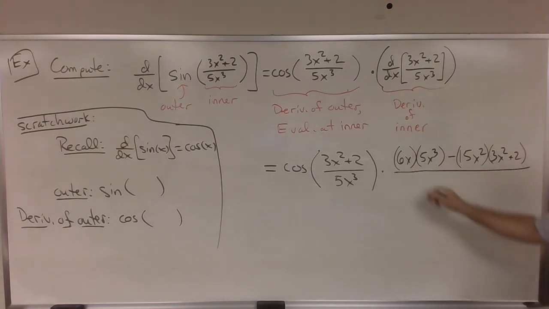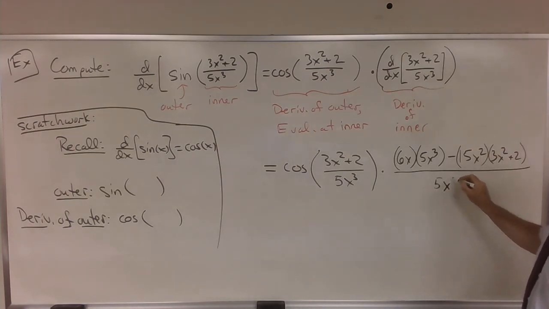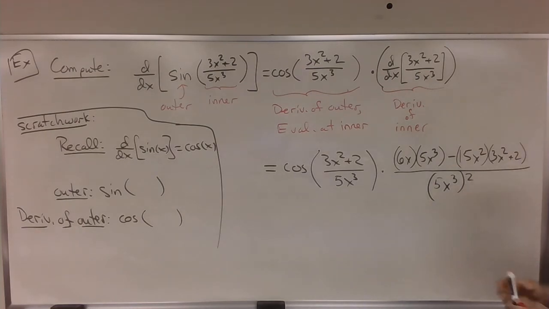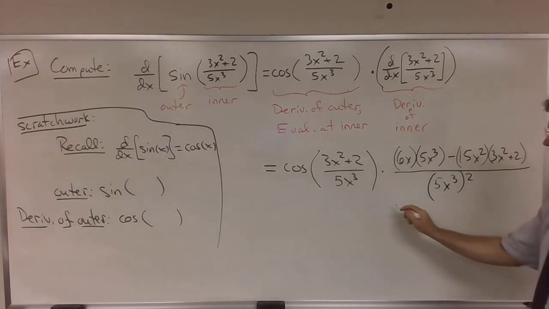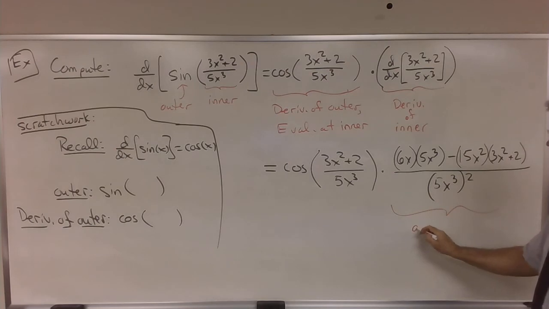So let's see, do I have it? Top prime times the bottom, minus bottom prime times the top, all over the bottom squared, and we did that by the quotient rule.